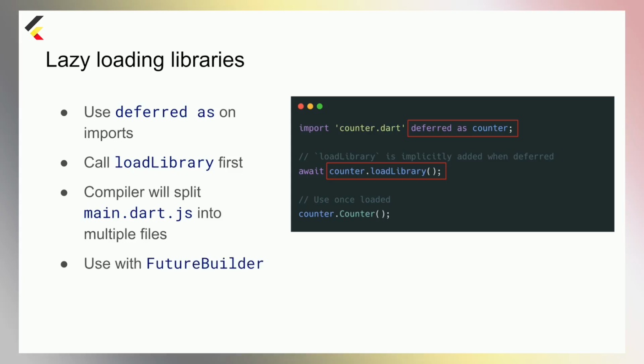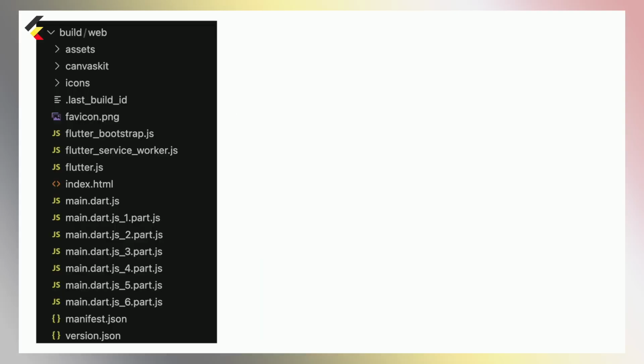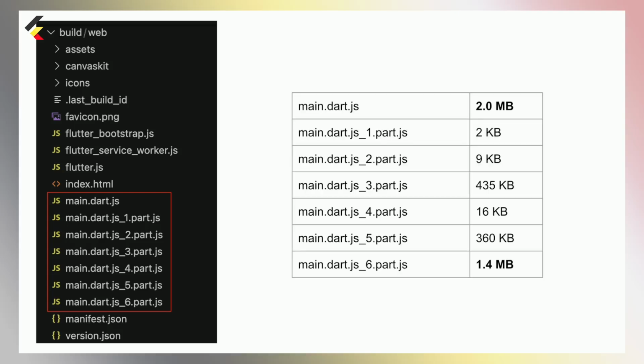I suggest using this with something like a FutureBuilder, or you could use any mechanism behind it actually. Now if we apply those to the example that we have and we run our build again, then you'll see that we end up with all of these additional main.dart files. And just to show you the difference in size, most of them will still have to be loaded in initially, but this is because it's a quite simple application.